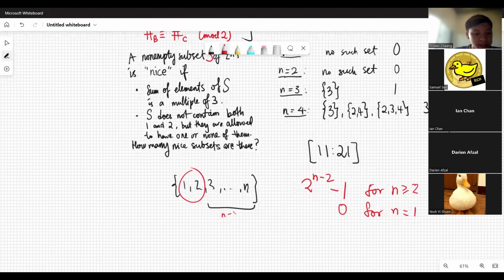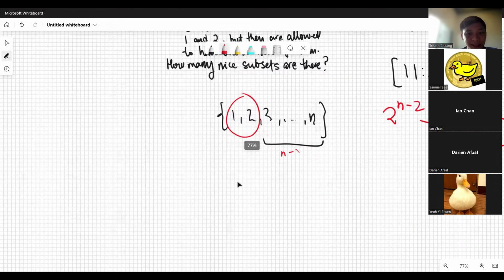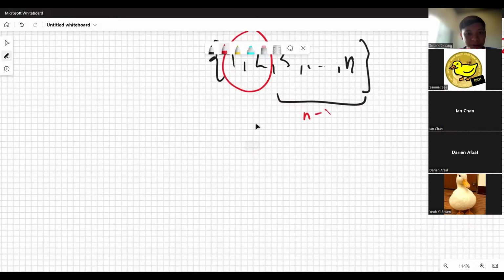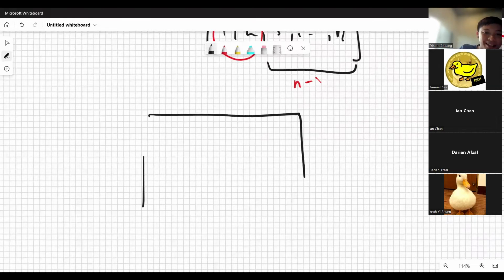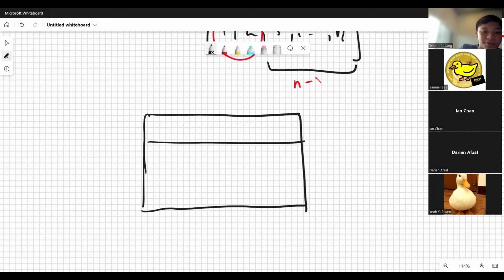Okay, let's do the next one. The next one is quite a famous problem. If you have any experience with primary school math Olympiad, which I don't, well, much. So we have a spider web.